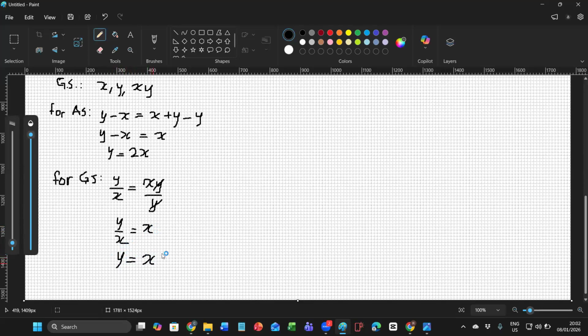Now we have two safe conclusions, one from the AS and one from the GS, the geometric sequence, and both of them are y. So from equation 1 and equation 2, both of them are y.